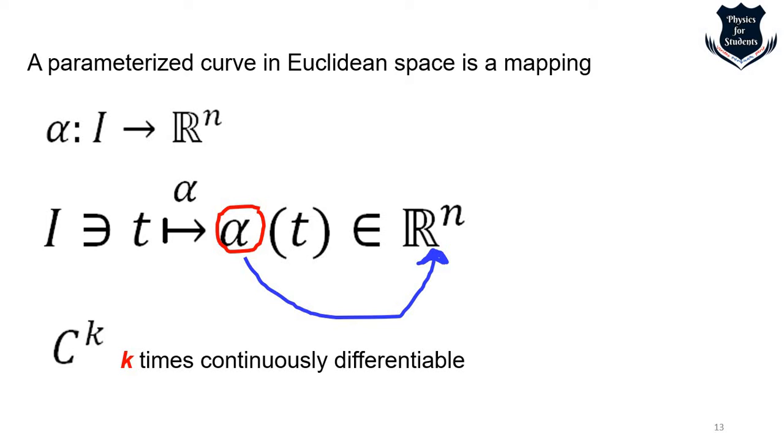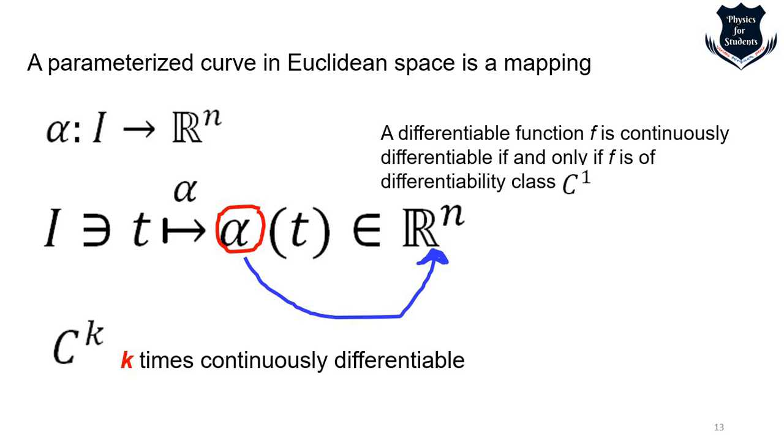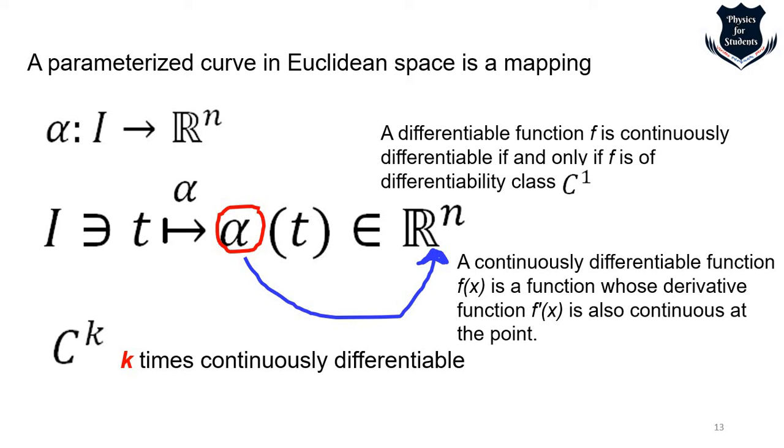Now, there might be a question going on in your mind: what is a differentiable function? Here is a note. A differentiable function f is continuously differentiable if and only if f is of differentiability class C^1, and you can also say that a continuously differentiable function f(x) is a function whose first derivative f'(x) is also continuous at the point.